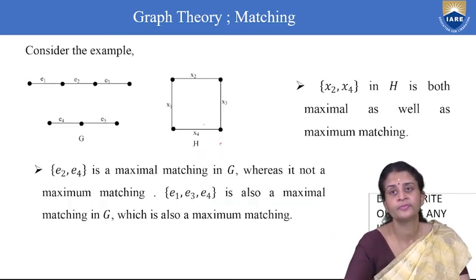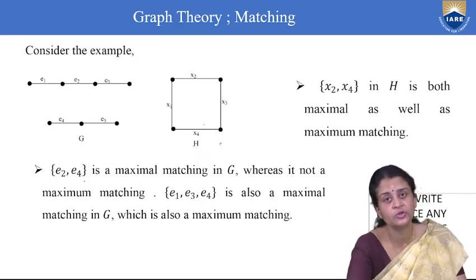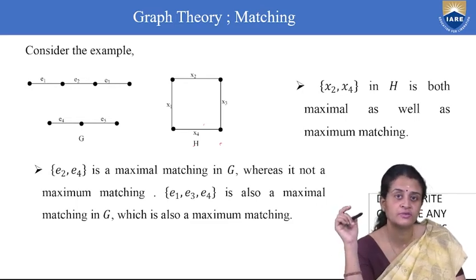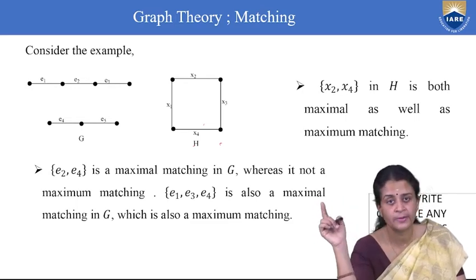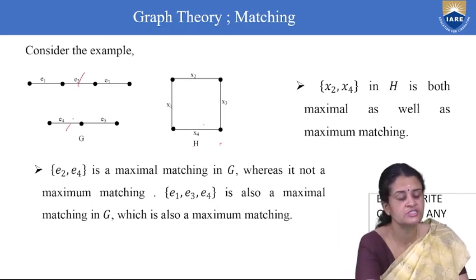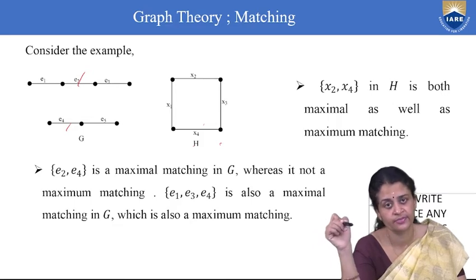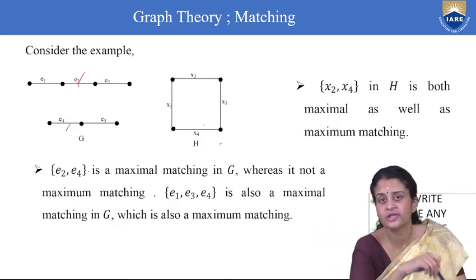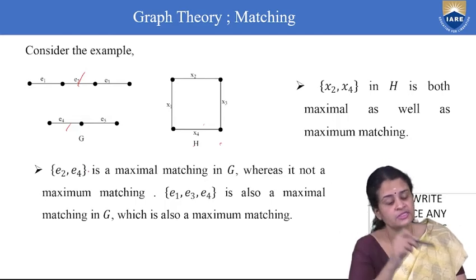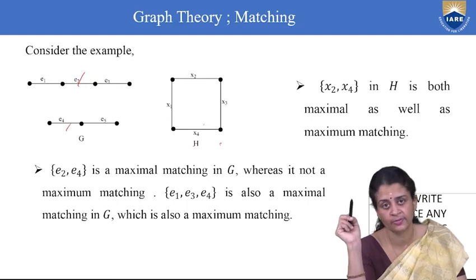Here, E2 and E4 are matched under M. That is, these edges are in this matching. If M equals {E2, E4}, then E2 and E4 are matched under M, and E1, E3, E5 are unmatched under that M.